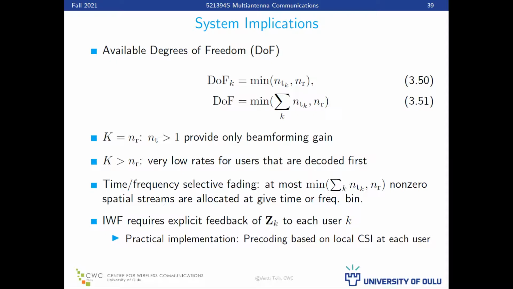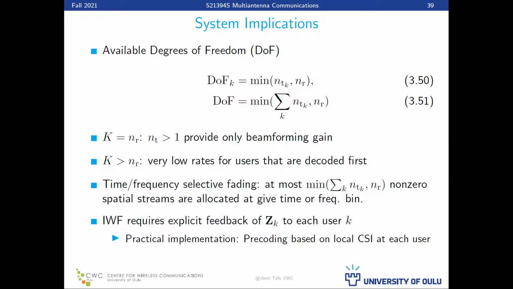One practical challenge, if you want to implement this in practice, let's say this iterative water filling, assuming TDD, is that uplink is actually more difficult than downlink. Because downlink is easier, because the base station has all the knowledge, right?